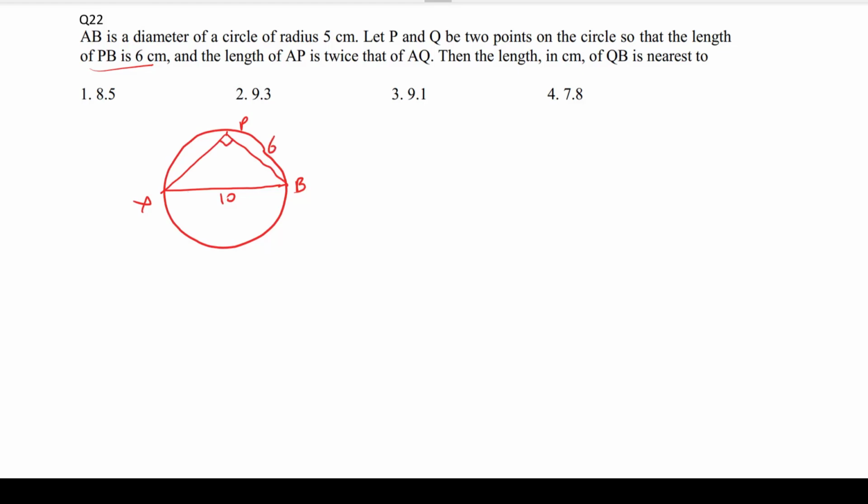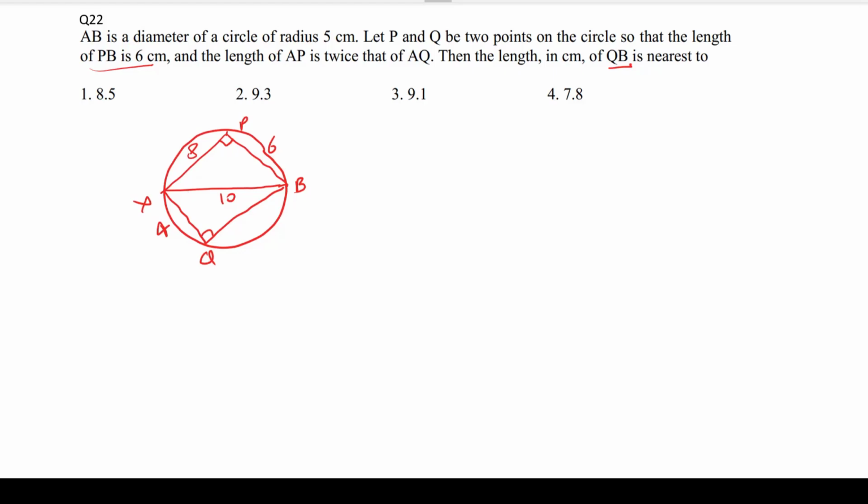So this will be 90 degrees. We can find the value of PA using the triplet. This will be 8. And the length of AP is twice that of AQ. Then AQ will be 4. Q will be somewhere here, and this will be 4. Now we need to find the length of QB.